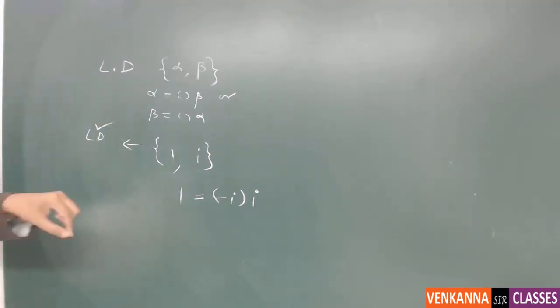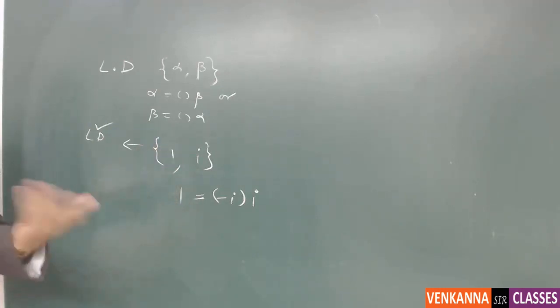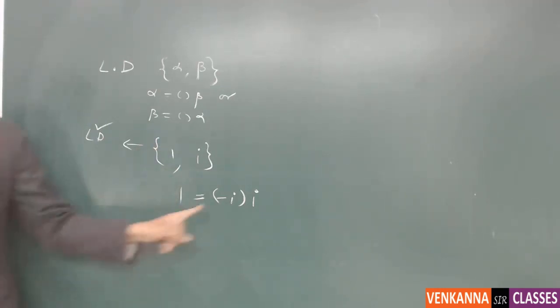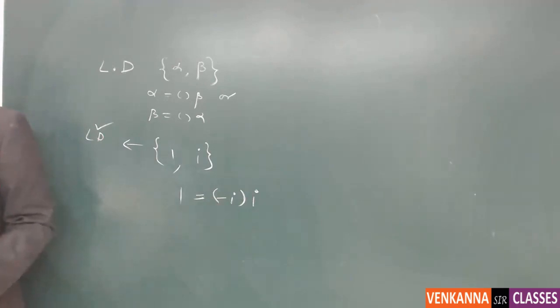Now the question is, the set is linearly dependent on what field? Now understand that here the scalar is i. Is it a real number or complex number? Complex number.